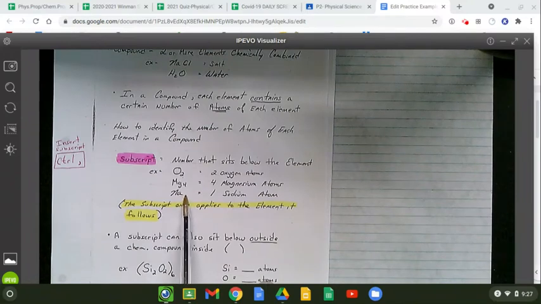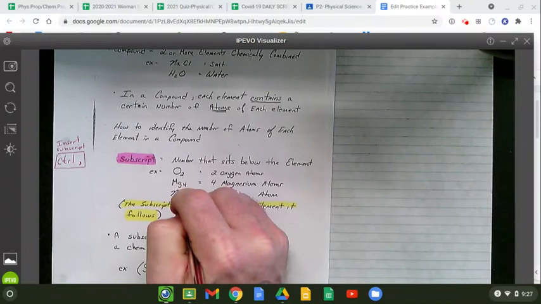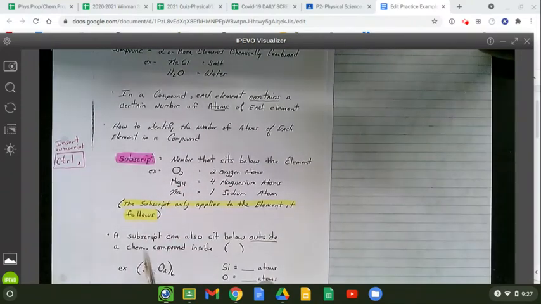If there's no subscript present, we need to understand that there is 1 atom of that element. We don't need to write the subscript 1. We can just leave it without a subscript, but understand that if there's no subscript, that means there is 1 atom of that particular element.